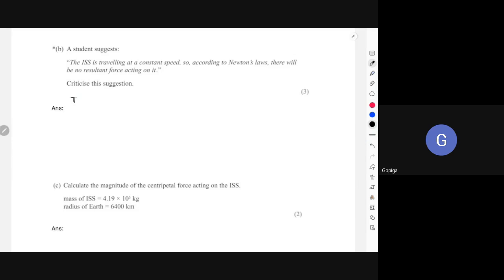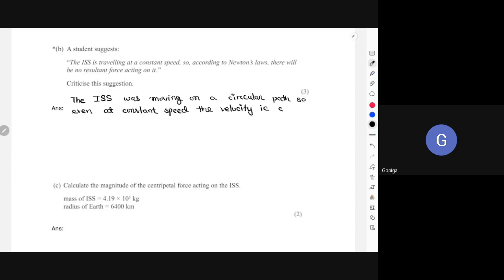I'll just write that the ISS, which indicates it must be accelerating.